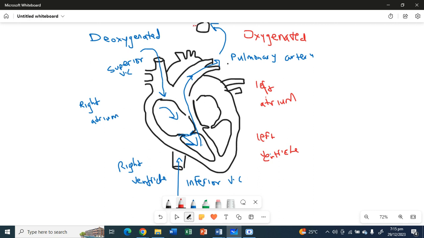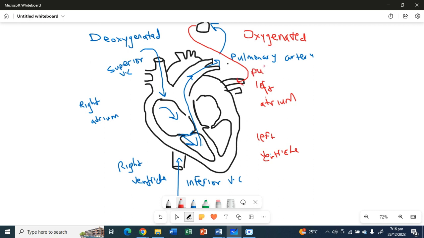So the oxygenated blood from the lungs comes back to the heart. Now this is the second phase of the double circulation, where the oxygenated blood is coming to the heart. So the oxygenated blood comes to the heart through the pulmonary vein.